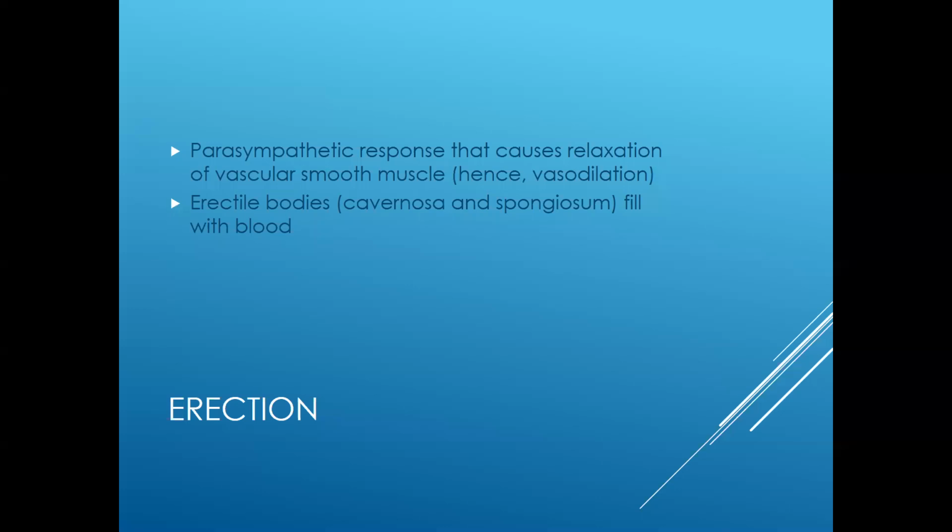So parasympathetic, probably splanchnic nerves down there in the sacral region, but you don't need to know that. It's parasympathetic, because remember, that's craniosacral. So it's got to be those last sacral nerves at the end that come out of the spinal cord, and then they go to the penis, and they cause relaxation.